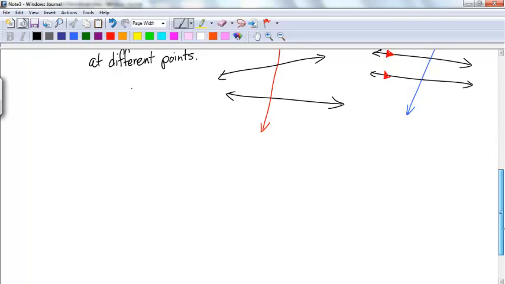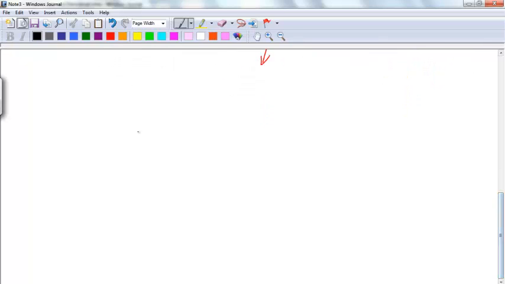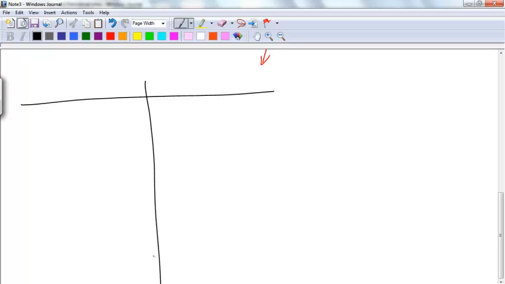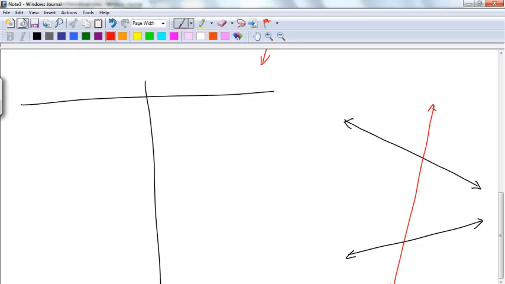Okay. I need you to draw a little chart. Out at the side, draw one line here, another line here, and then here's our transversal. On these, label these in this order.